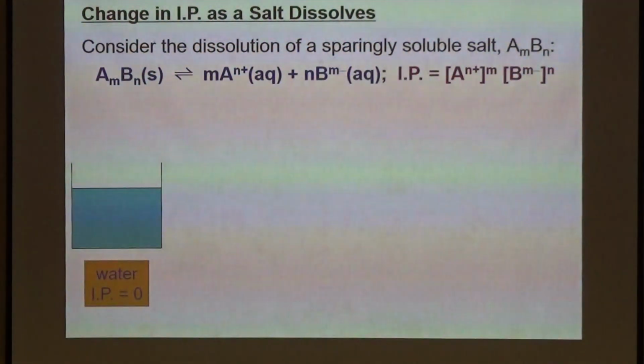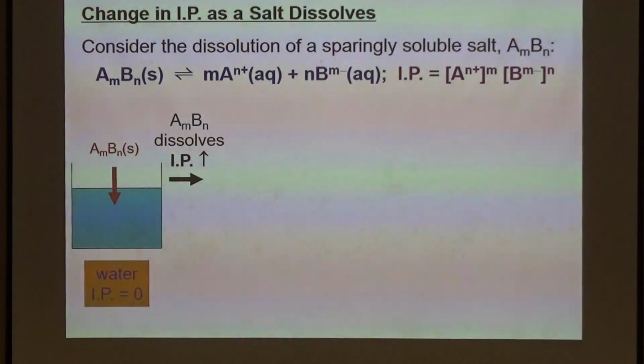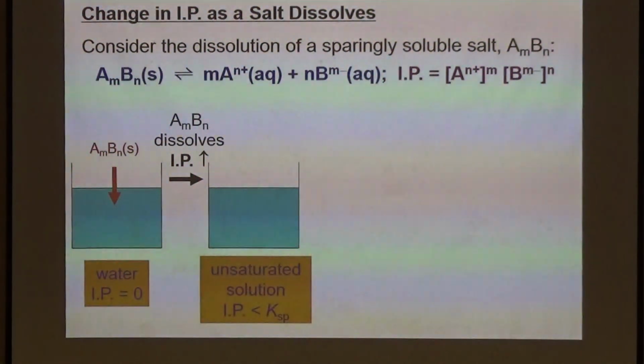Now, consider the change in IP as the salt dissolves. When you put salt in pure water, initially the ionic product is 0. You put the salt in, it dissolves, and the ionic product goes up. If the solution is unsaturated, that means you have only put a little bit of the salt in, and the IP is going to be lower than the KSP.